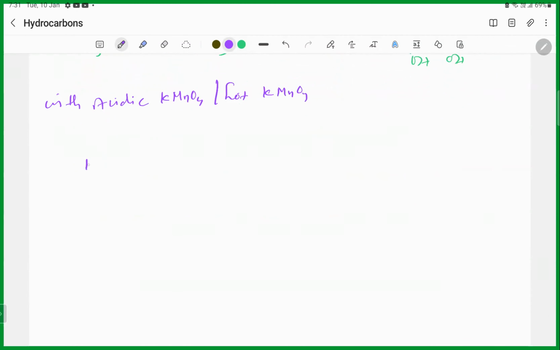When acidic KMnO4 is used, the double bond will be cleaved. It will give RCH=O. The remaining part will be combusted and converted into carbon dioxide and water.